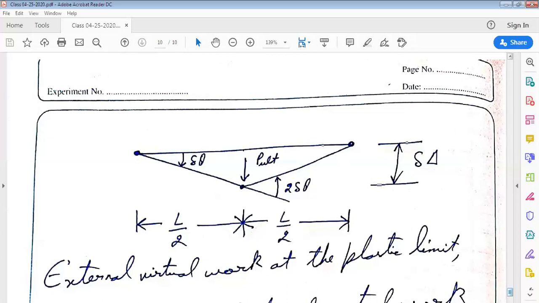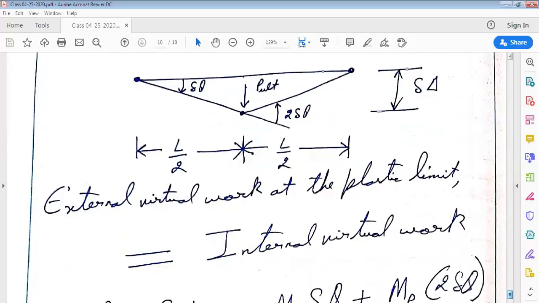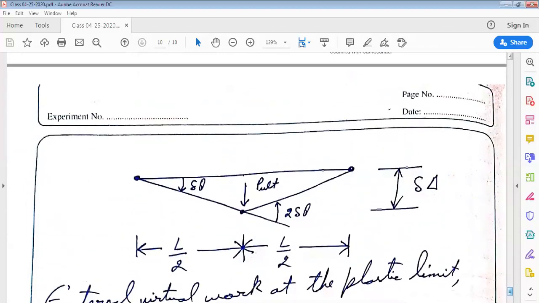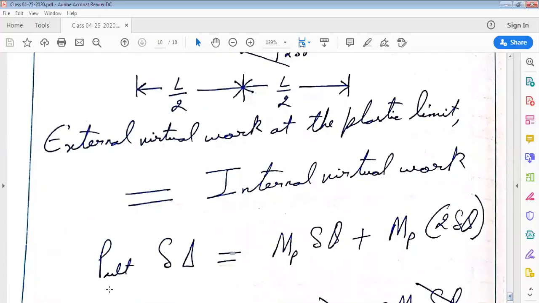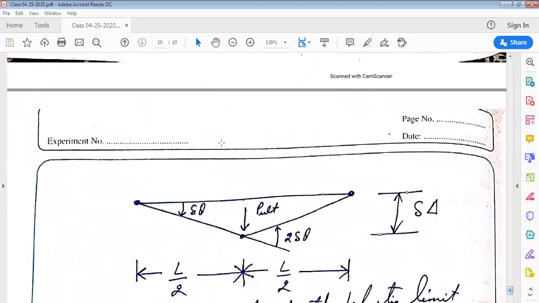Now let us use the principle of virtual work, which says external virtual work at the plastic limit is equal to the internal virtual work. External virtual work in this particular case would be P ultimate, which is the external load, into delta. So P ultimate into delta is equal to the internal virtual work, which is MP into delta theta plus MP into 2 delta theta, where MP into delta theta is the work done due to rotation against plastic moment MP at this end.